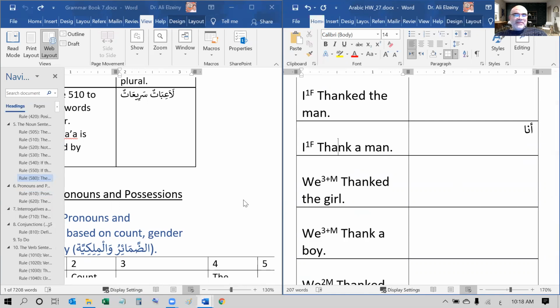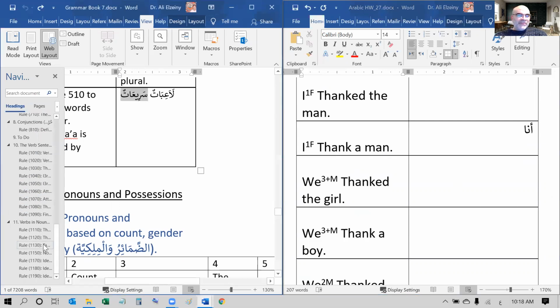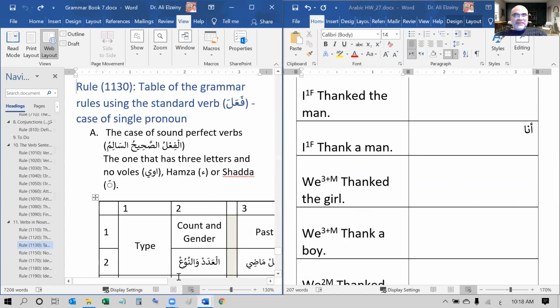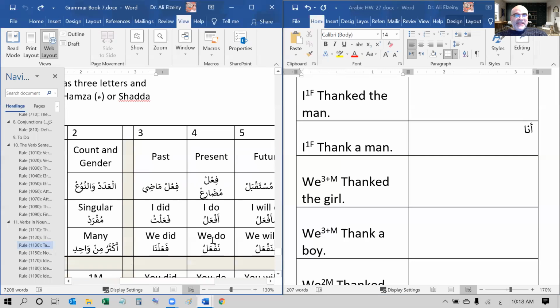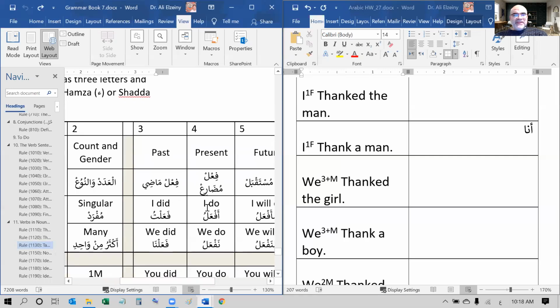Thank. We go to table 1130. It's a present tense, so it's column 4. And it's singular, 1M. So فعل becomes أفعل. شكر becomes أشكر. Okay. شكر becomes أشكر. فعل becomes أفعل.